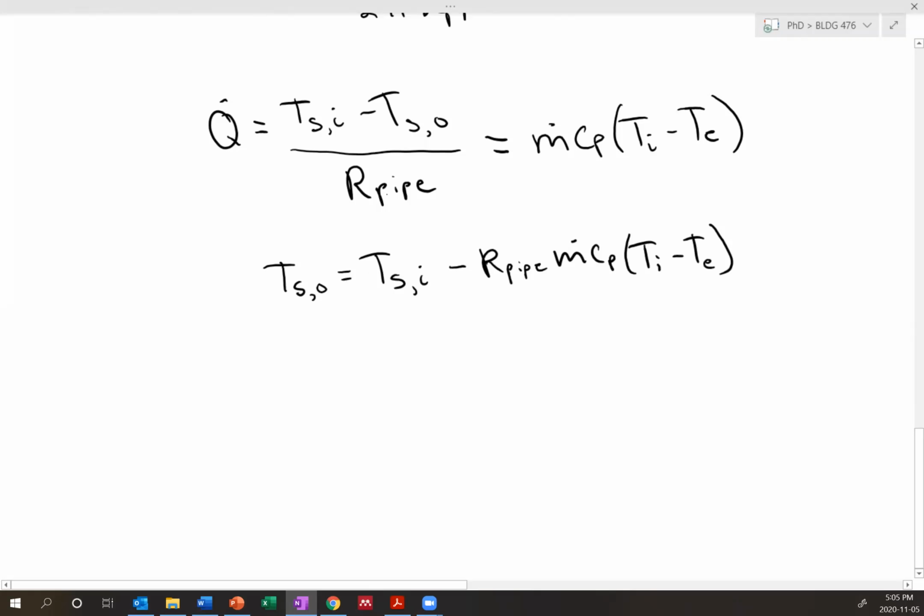Just reorganizing this equation above gives us 53.5 degrees Celsius. Okay, so just made it. That's the last question we're going over.